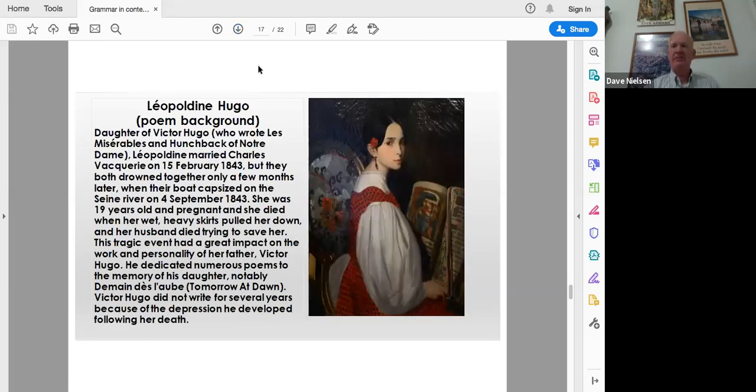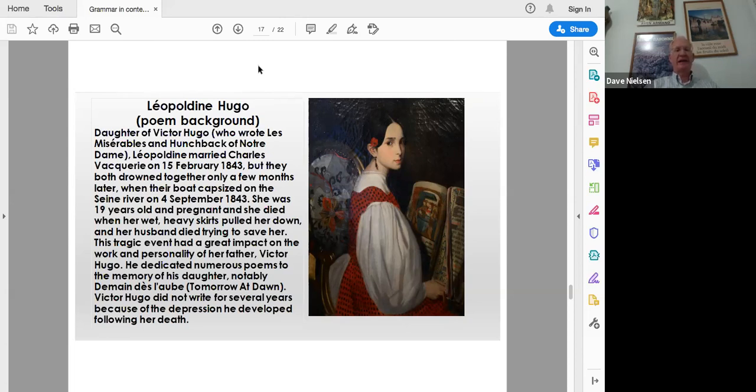Another way to teach the PACE model is through poems. And one that I love is about Victor Hugo's daughter. Her name is Léopoldine. And so the daughter of Victor Hugo, who wrote Les Miserables and Hunchback of Notre Dame, she married a man named Charles Vacquerie on the 15th of February, 1843, but they both drowned together just a few months after they were married when their boat capsized on the Seine River on the 4th of September, 1843.